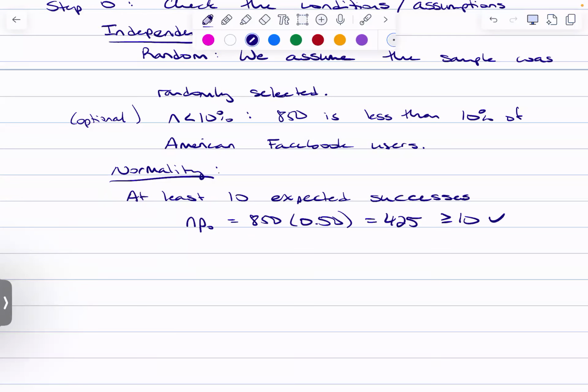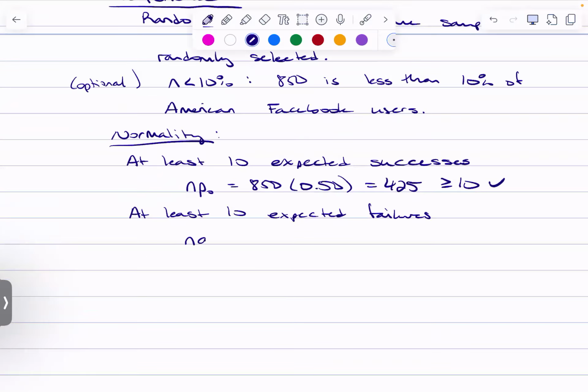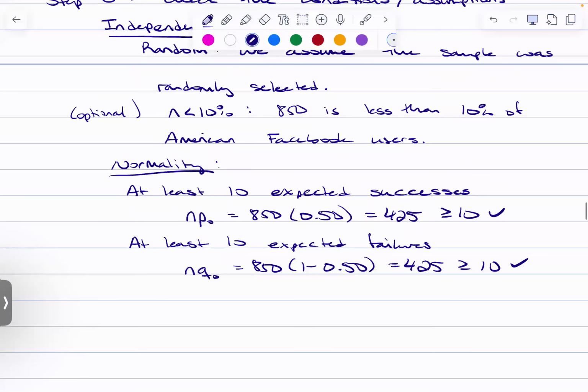Of course, if I'm splitting it in half, then they should both work. At least 10 expected failures. n times q naught is 850 times 1 minus 0.5, which is still 425, which is greater than or equal to 10. And that's good.